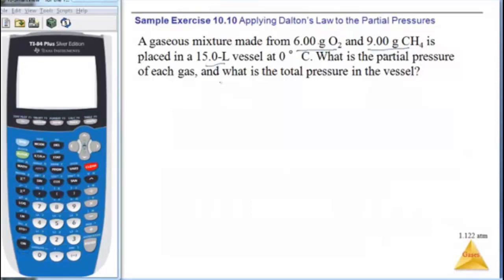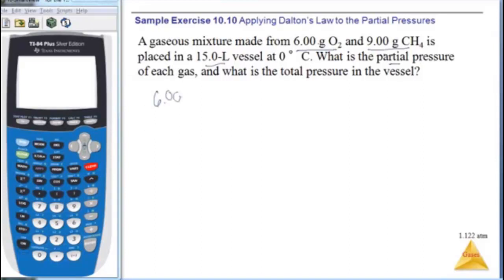So we can take a look at this and say, alright, if we have 6 grams of oxygen, we can figure out how many moles that is, and we can figure out how many moles of methane we have. And once we have that, we can use PV = nRT to find the total pressure, right? Because we have volume, we have temperature, we have moles. Okay, so let's figure out how many moles we have.